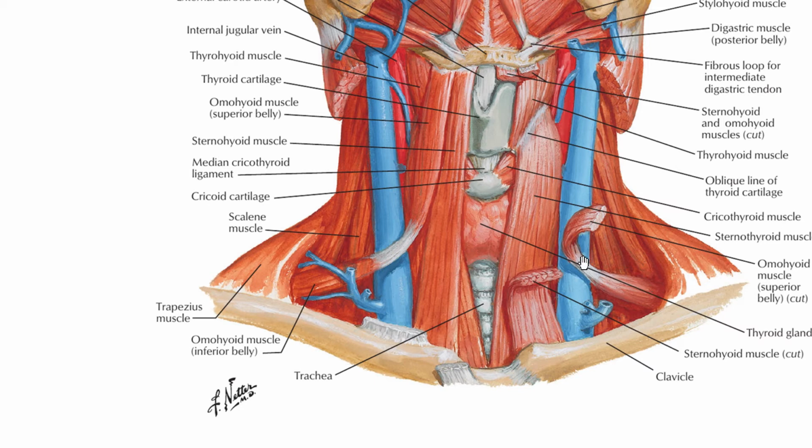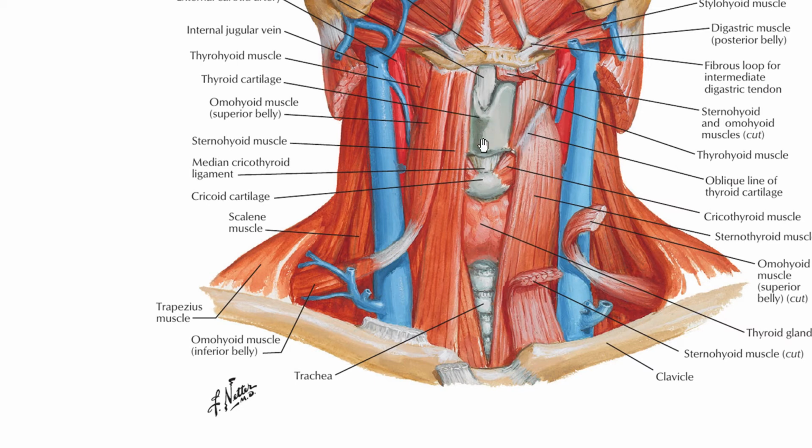So this is the inferior belly, this is the intermediate tendon, this is omohyoid. And here, a portion of these muscles has been removed just to make you look at the underlying structure. This is sternothyroid. This is thyroid cartilage.